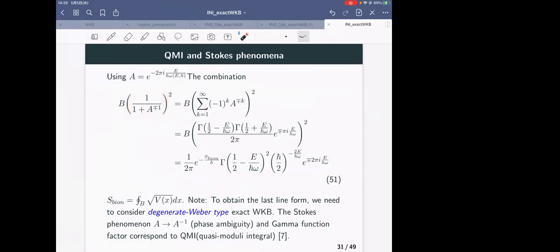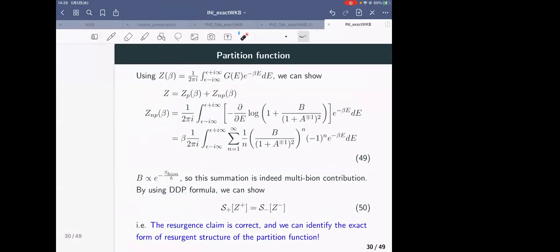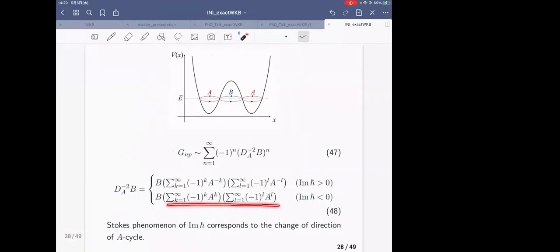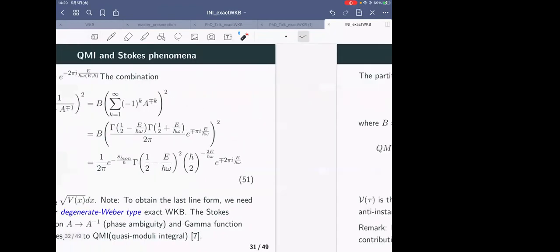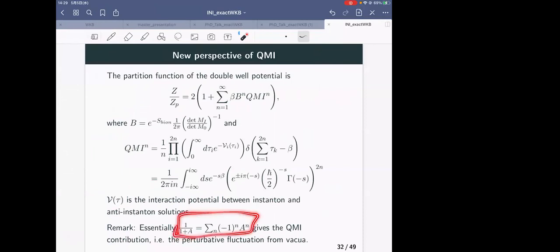This factor is part of the Gutzwiller trace formula, where you can say the infinite number of times of this part of the cycles. Such a part of the cycle gives this GAN function. Therefore, essentially the quasi-modular integral is the same as the perturbative fluctuation from the vacuum. This is a non-trivial physical relation of the quasi-modular integral.